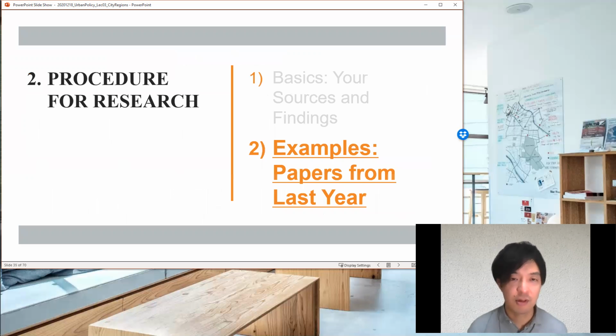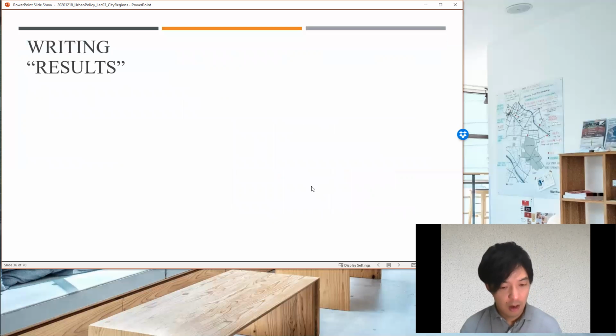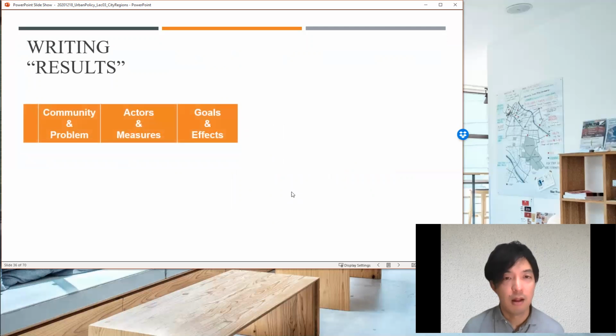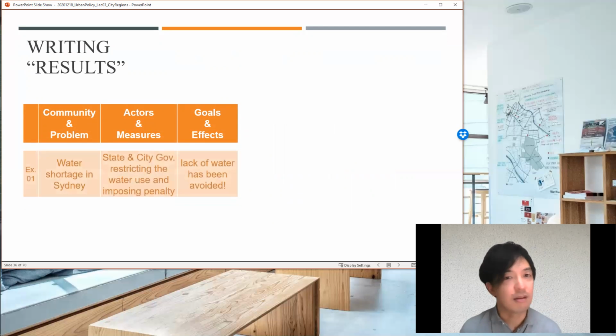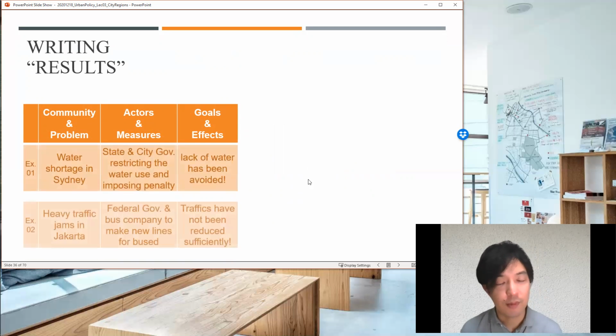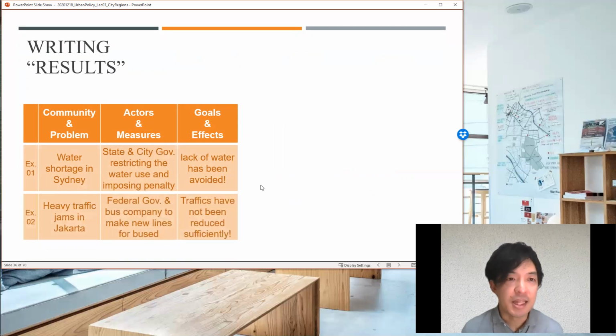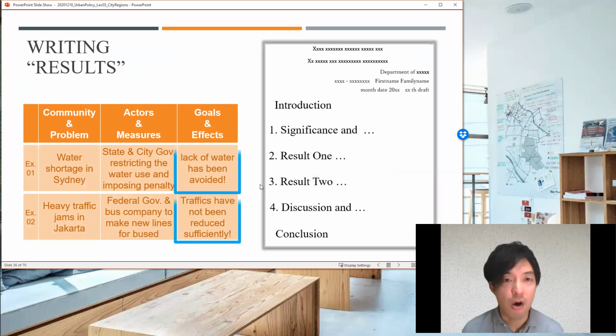Then let's next go to the second section. Let's look at examples. All right, let's look at the examples that we saw last week. Okay, in these examples, the authors wrote results that have something to do with goals and effects.